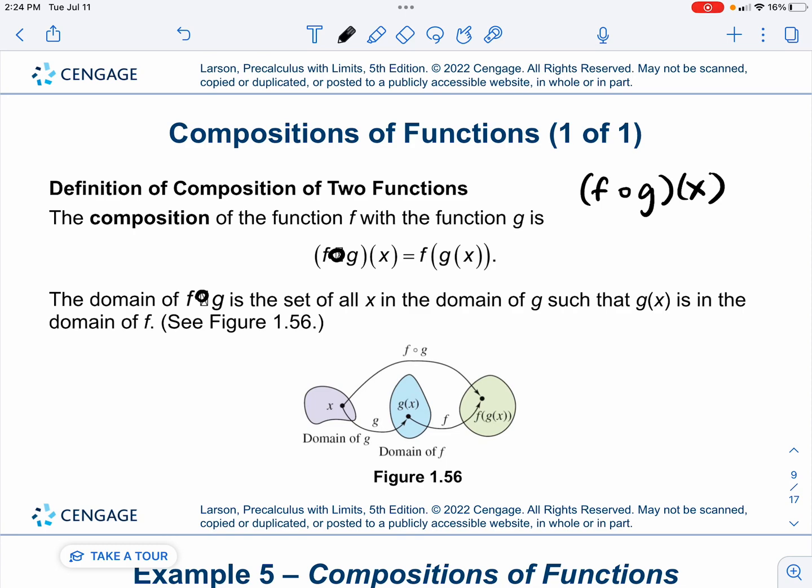It should have a little o there. So I'll try to catch all of those and fix them. But what a composition means, when you have a composition of two functions, is you're going to run the x through the g function first, and then whatever your answer is there, you'll run that through the f function. The definition is noted here, and that is what you'll see me write over and over. So let's do a couple of examples.